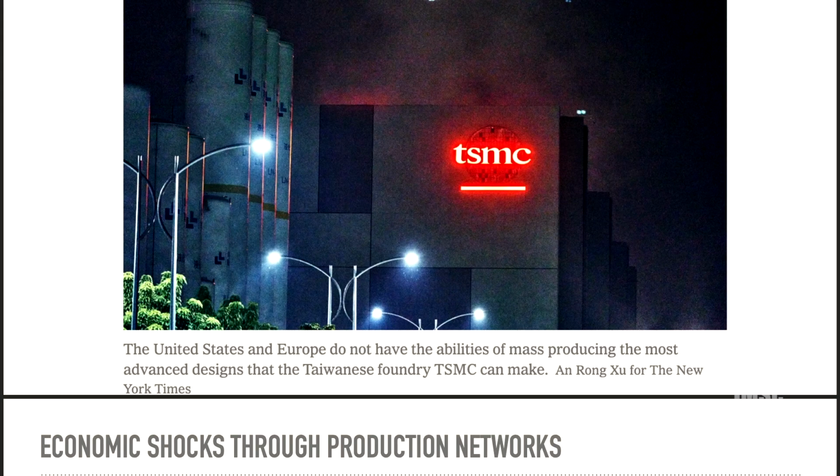There is another example: the 2011 flood in Taiwan. At that time we also observed a global shortage of hard disks. So, it is quite natural that shocks can propagate from a single firm's default globally.